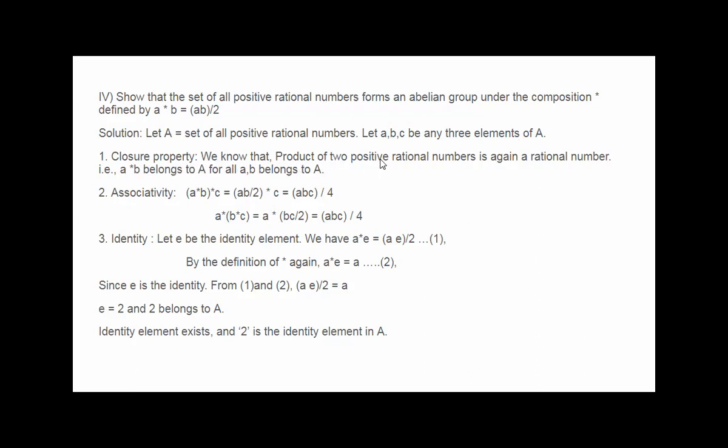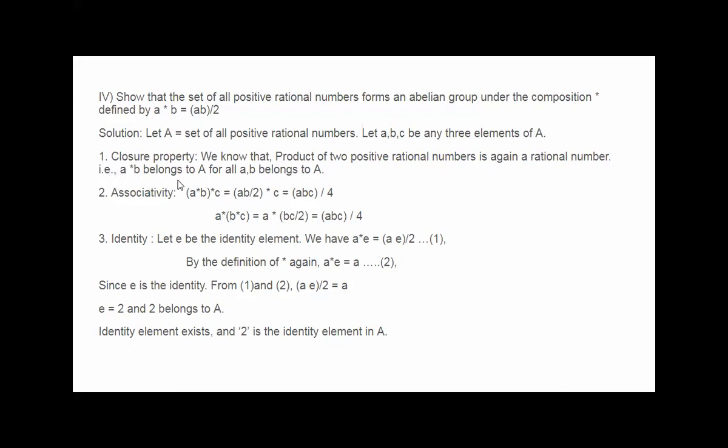We know that the product of two positive rational numbers is again a rational number, that is a star b belongs to A for all a, b belongs to A. After performing this operation on the set of all positive rational numbers, the result is also a positive rational number.